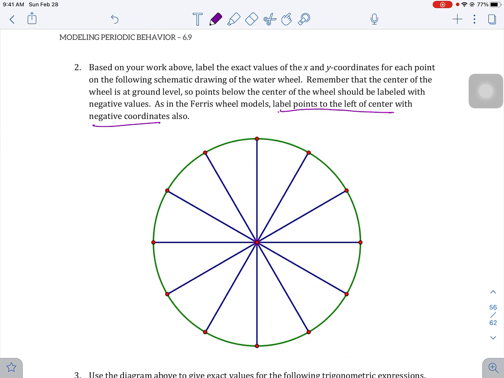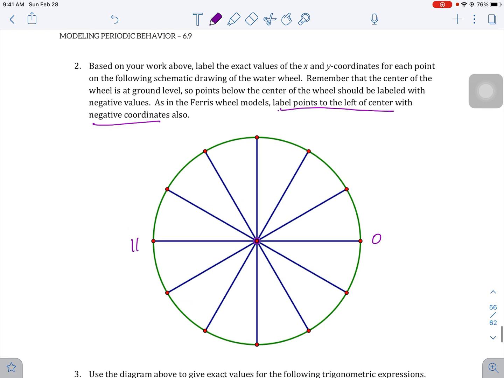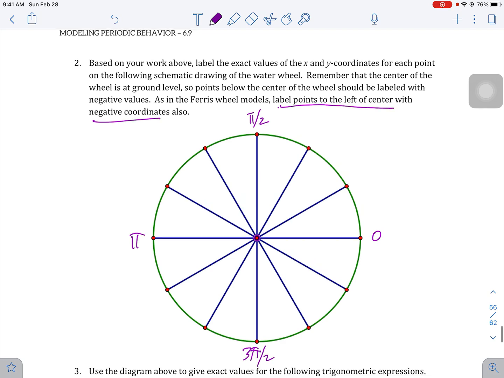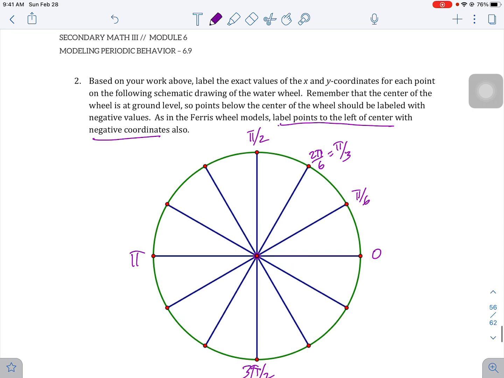So then you can label some of these. So let's start with what we know: 0, pi, pi over 2, 3 pi over 2. Okay, and then we just did pi over 6 and 2 pi over 6, which is pi over 3. So using this, we can actually figure out the rest of these. Let's call pi over 2 3 pi over 6.